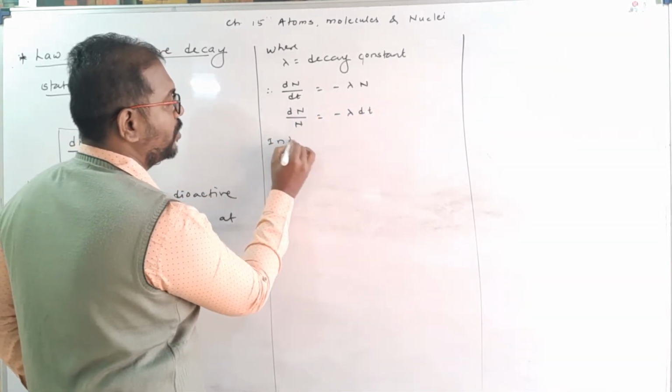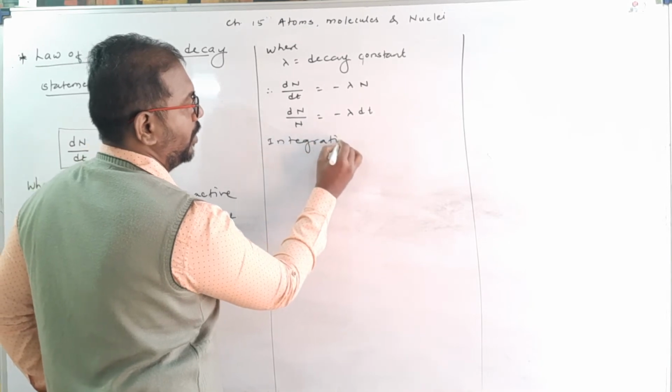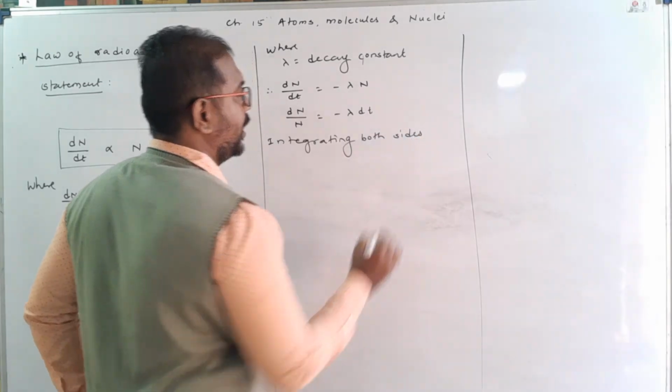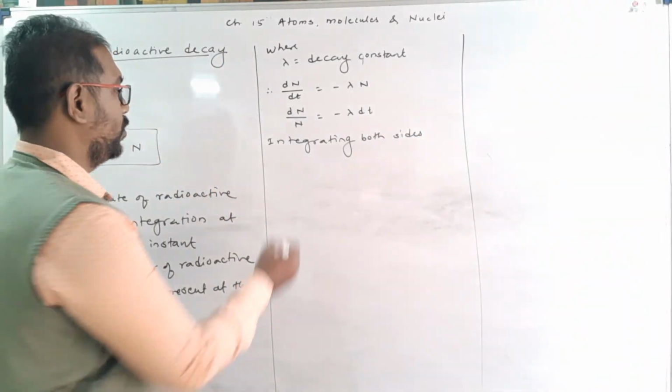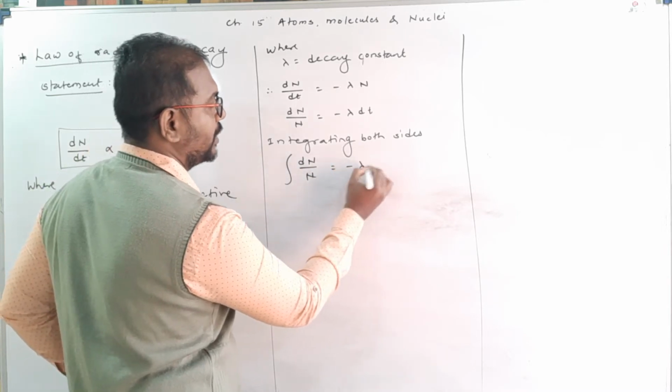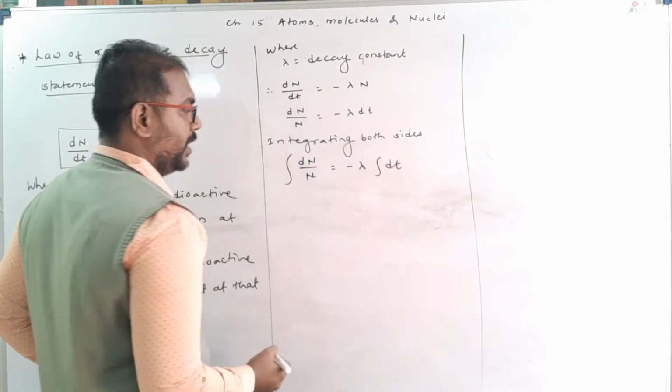Now integrating both sides, what do we get? We get the integration of dN by N is equal to minus lambda times the integration of dt.